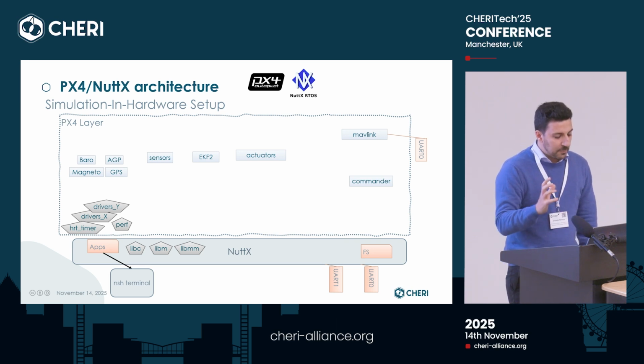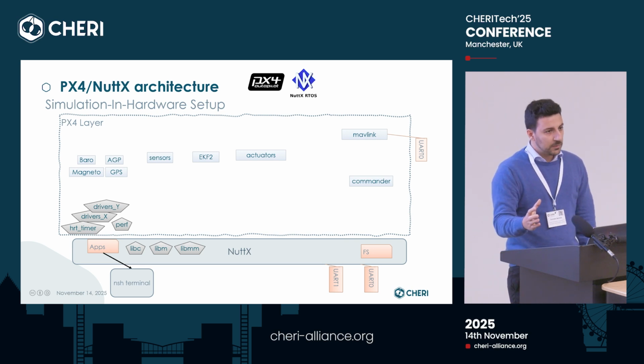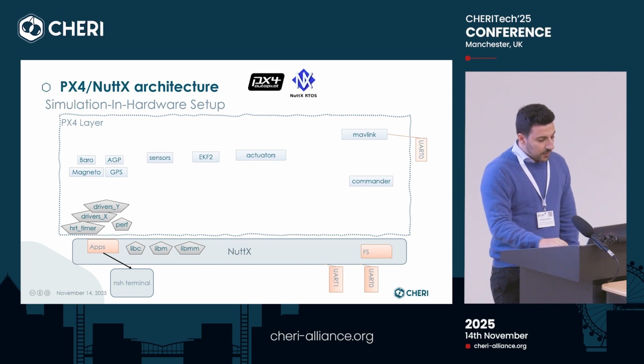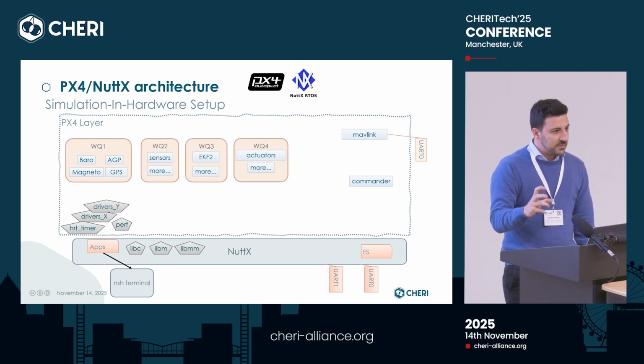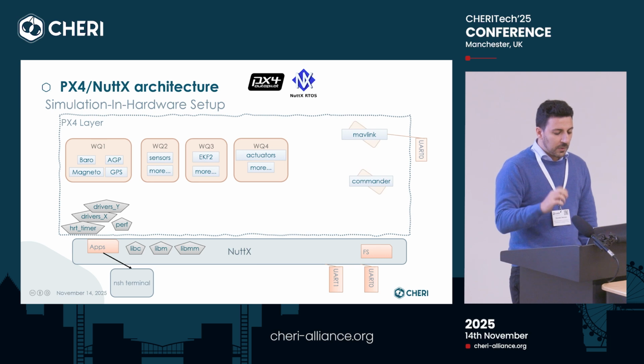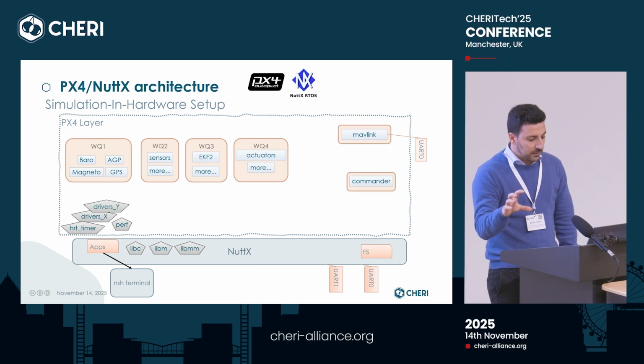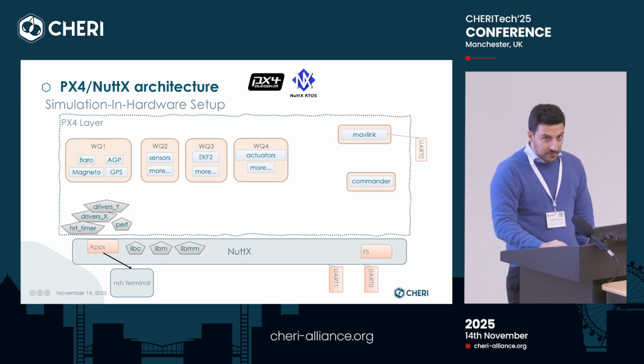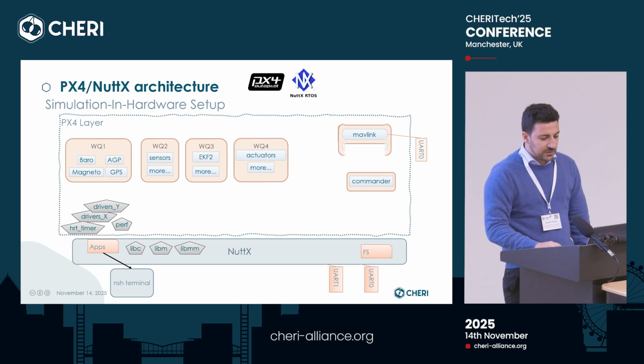Having a task, so a process, for each module would be too expensive for a platform like a drone. And so PX4 uses this work queue concept, which are essentially tasks on top of which multiple modules are executed. But there are also modules that run on a single task. In particular, MAVLink also spawns a thread.